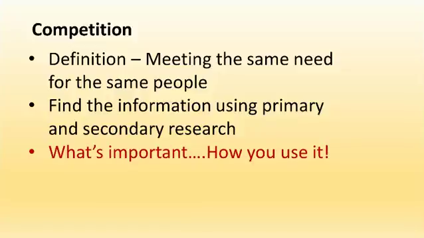But what's important about learning about competition is how you use the information when you find it. Identifying the information is one thing, using it in your strategy is another. And that's what we'll be talking about this evening.